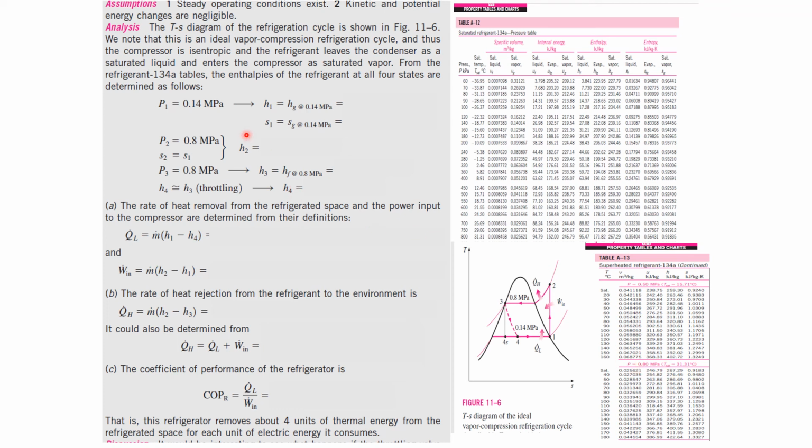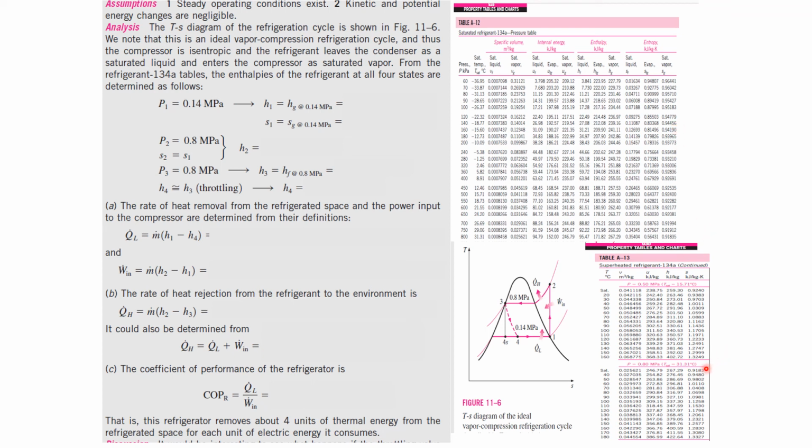Now how to find the H2 is, you remember we have found the entropy value at point 1. And you know at point 1 this is going as a straight line. So when it is going as a straight line, we know that the entropy at point 2 is also same. So we can say here S2 is equal to S1. So our entropy here, which we found earlier, is 0.94456.